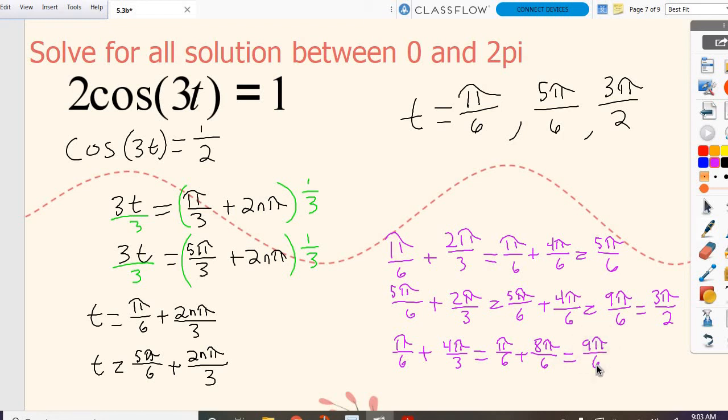Well, we get 9π/6, which again reduces to 3π/2, which we already have. So we don't have to worry about writing it again. But then we do need to do our last one.